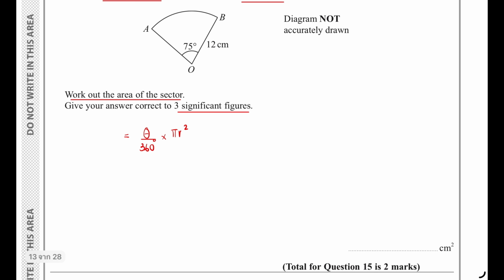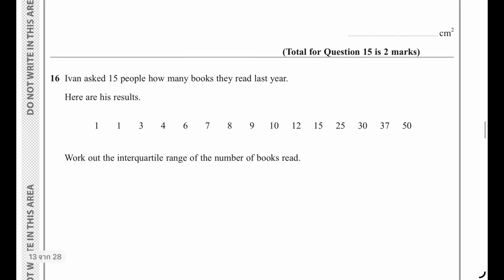So in this case, the angle that is given is equal to 75. So 75 divided by 360 degrees times 3.14 times 12 squared. So it is equal to 94.2 square centimeters.